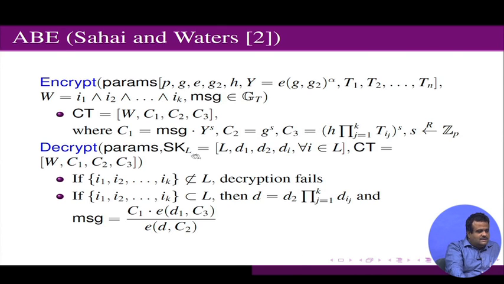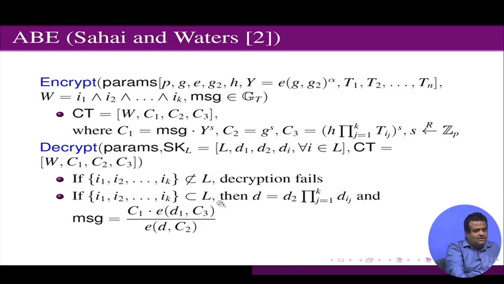Okay. And for decryption we also need the public parameters and the SKL. SKL is the secret key received from the key generation center upon sending the credential of the user, and with the ciphertext CT, if the attributes I1, I2, ..., IL belong to L, this credential, or it is not a subset of L, then decryption must fail.